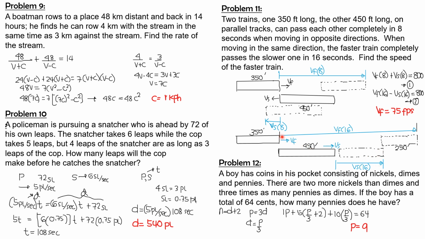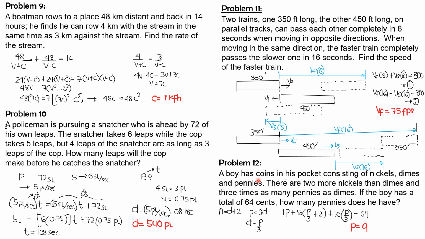So if we subtract vs times 16 from vf times 16, so this total length minus this distance, then we have 450 plus 350 again, which is 800. So solving these two equations simultaneously, we get the speed of the faster train, 75 feet per second.